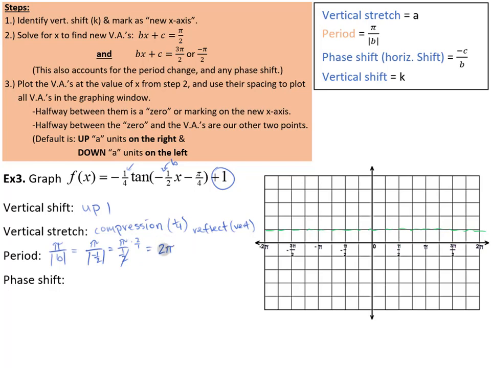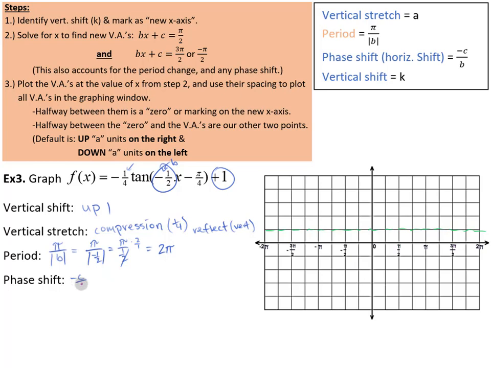So this ends up being a horizontal stretch and not a compression. B is kind of the reciprocal of what A does to the graph, if that makes sense. This is actually a compression vertically, but a stretch horizontally. So instead of only requiring pi for a tangent to repeat itself, it's now going to require 2 pi. It's going to be stretched horizontally.